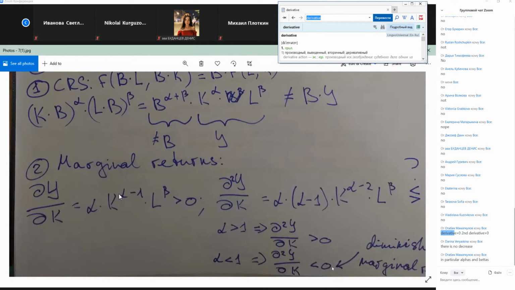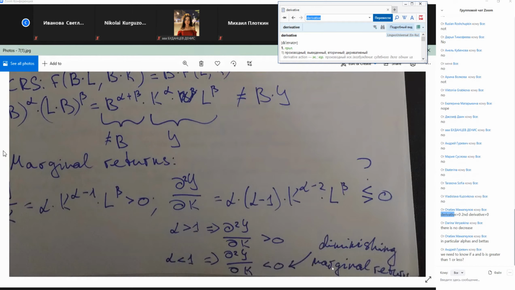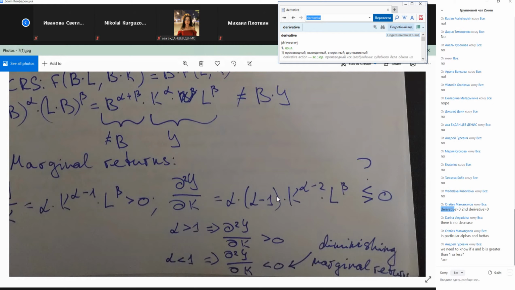Alpha is bigger than 0. That's what we know. The rest is kind of positive. The second derivative can be both positive and negative, we don't know. If alpha is bigger than 1, then the whole derivative will be bigger than 0, so we need to know if alpha and beta are greater than 1.